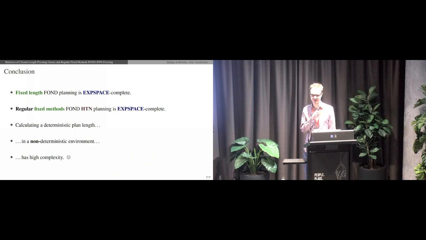Do you know if you just have an upper bound, rather than demanding that every single branch has the same length? I would assume it's still EXPTIME. So you're demanding that all the branches have the same, right? If you do length-bounded planning, but in the fond setting, you can still have different lengths. I would assume that's still EXPTIME. Is that known? Oh, so just cost limited.